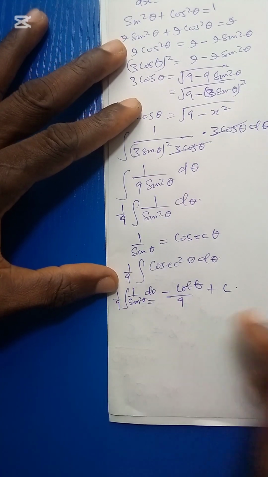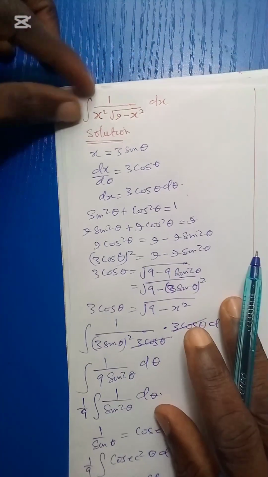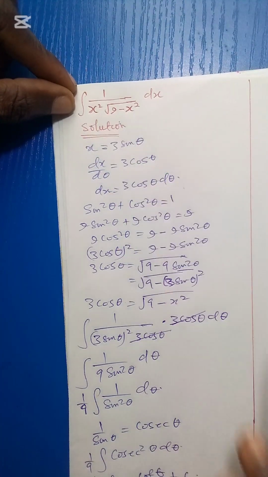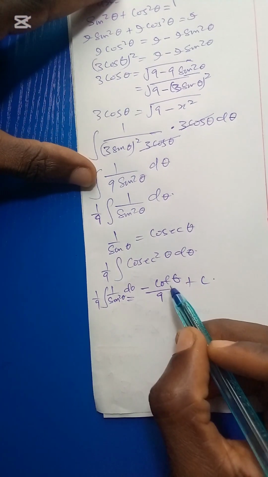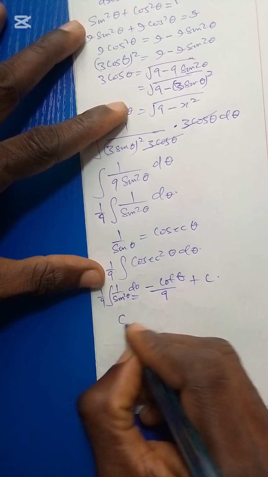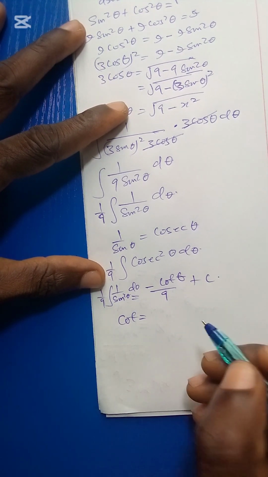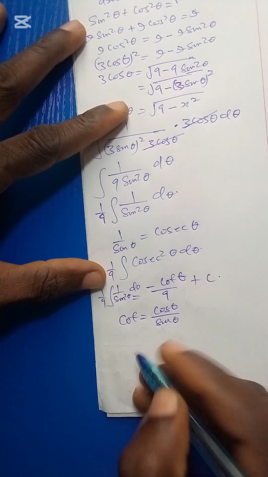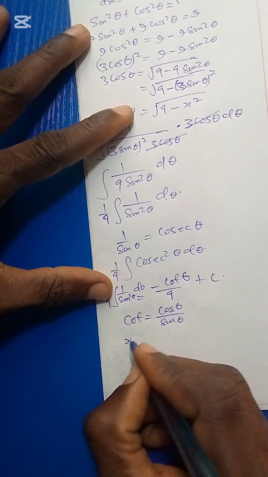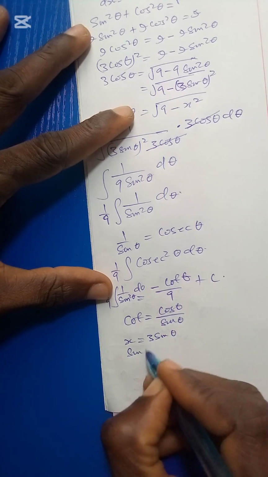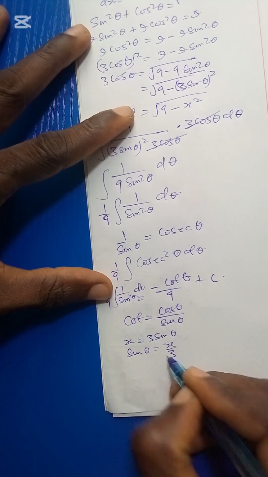Now let us remember that the problem appears in terms of x. We are going to bring back the form in which the problem appears. Again, cot theta, according to trig identity, is cos theta over sine theta. Now recall that x is equal to 3 sine theta, and therefore sine theta is equal to x over 3.